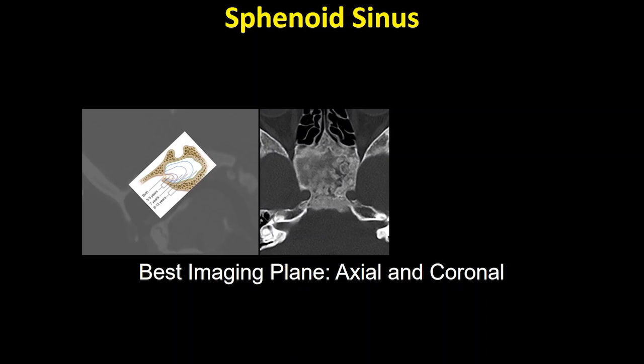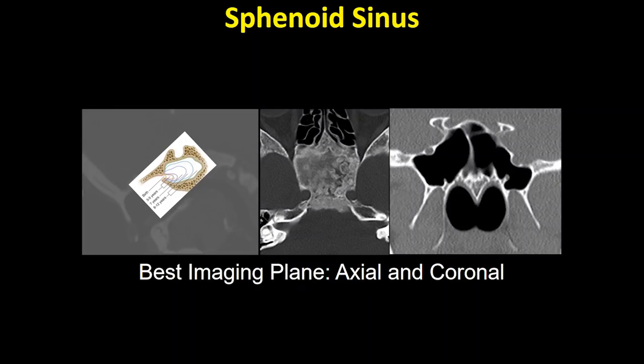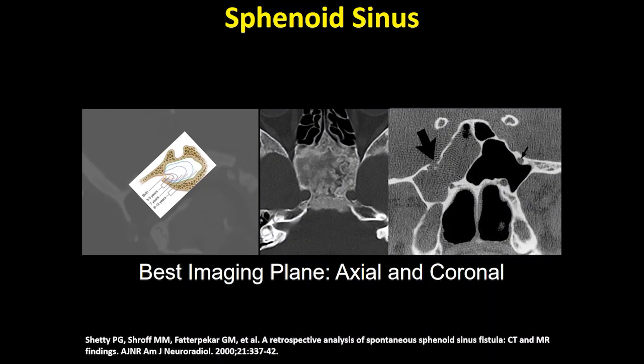As against that, extensive pneumatization thins the lateral wall of the sphenoid sinus. Repeated CSF pulsations can actually erode the lateral wall of the sphenoid sinus, resulting in spontaneous CSF rhinorrhea.